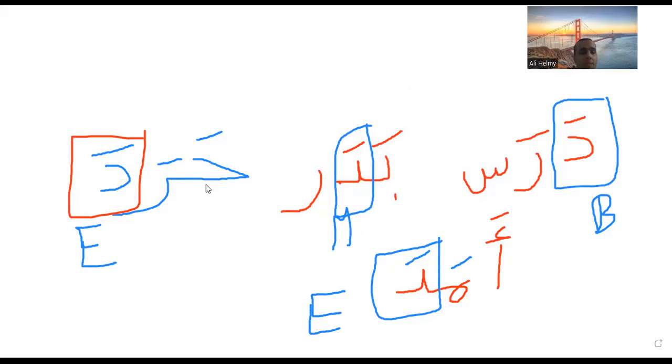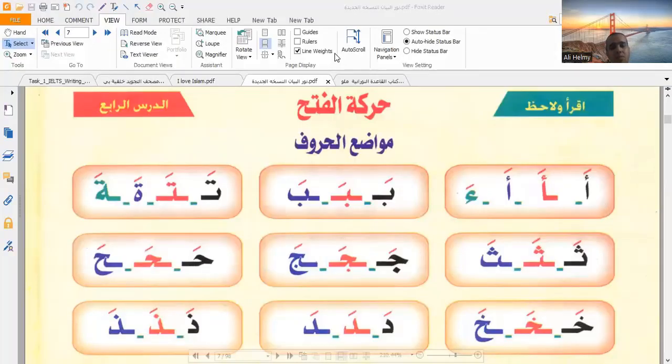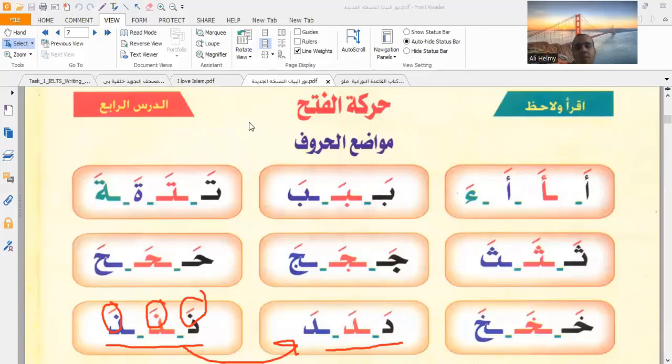Last one we have in this lesson, we have the letter tha. Over here, if you look at it, it will be the same. They are similar. Just the difference is the one dot over. It is the same as that, but it has just one dot over. Okay, so let's take examples for the different shapes of it.